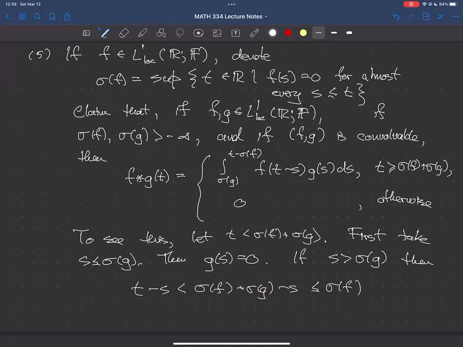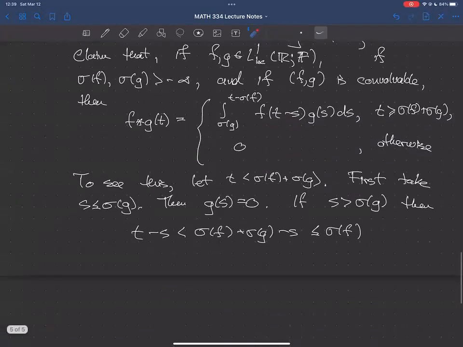And then that would imply that f of t minus s, for t less than this and s greater than that, has to be to the left of the left boundary of the support of f, and so f has to be 0 there.